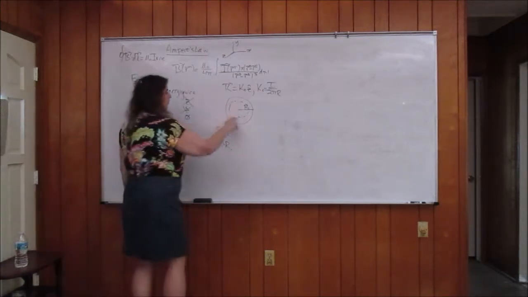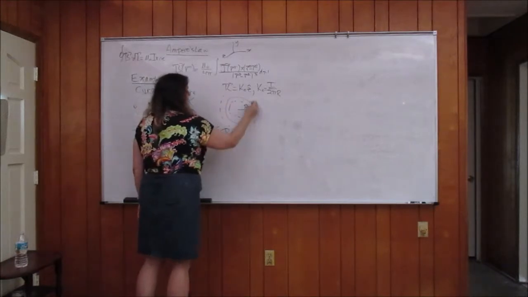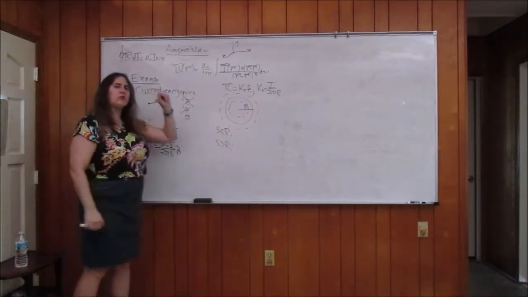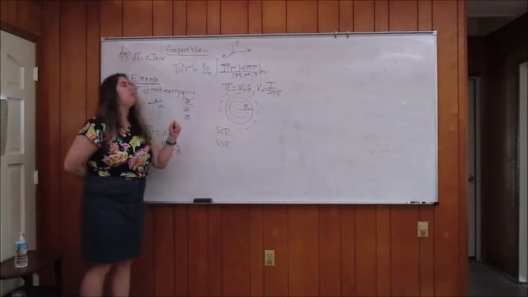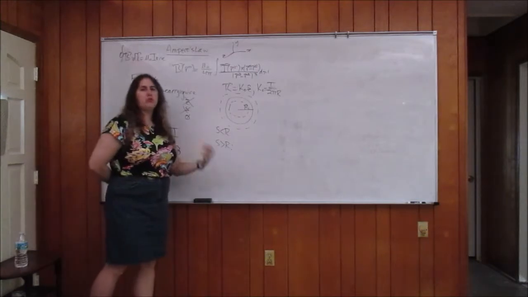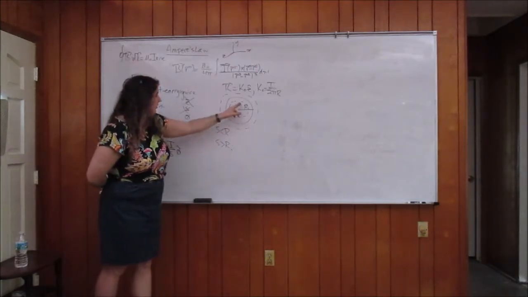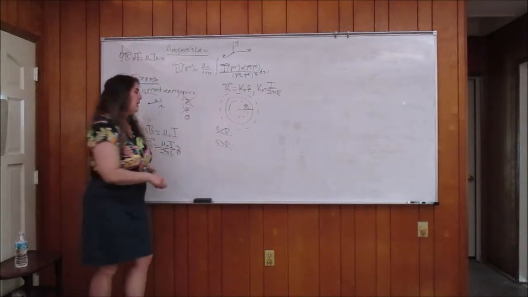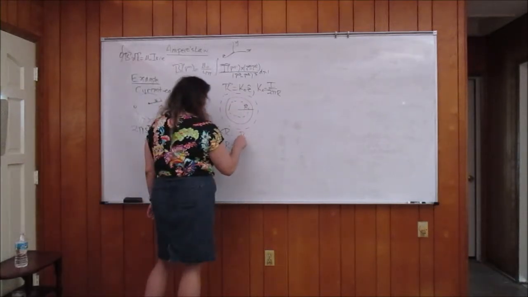We have an Amperian loop inside and outside. Ampere's law tells me that the line integral of the magnetic field around a closed loop is proportional to the total amount of current enclosed by that loop. Well, since the current is flowing on the surface of this wire, there's no current in the interior region, and therefore the magnetic field vanishes there.